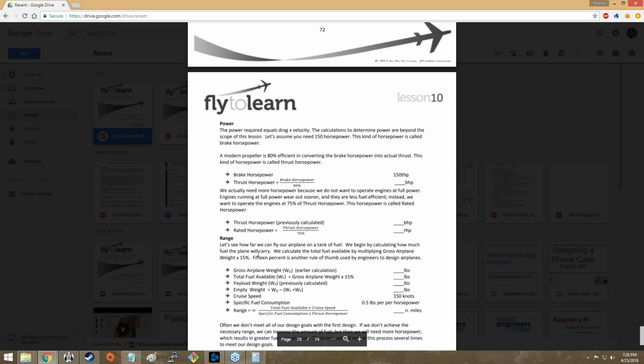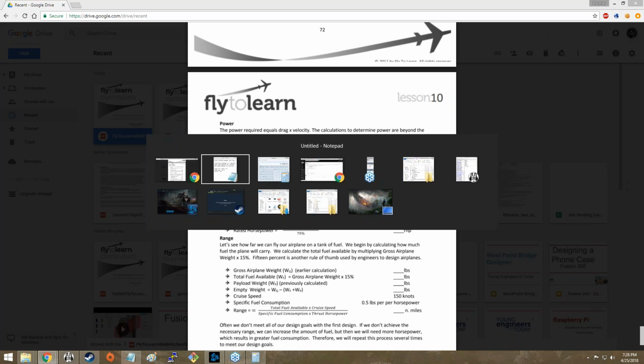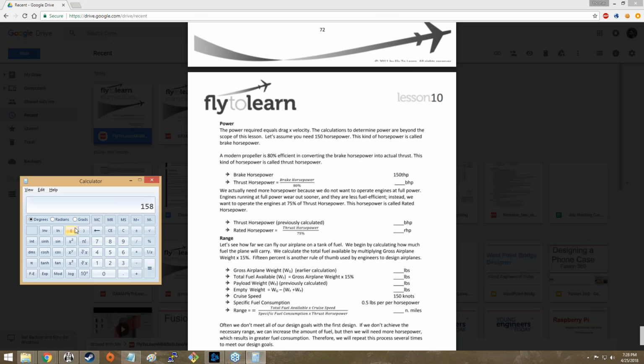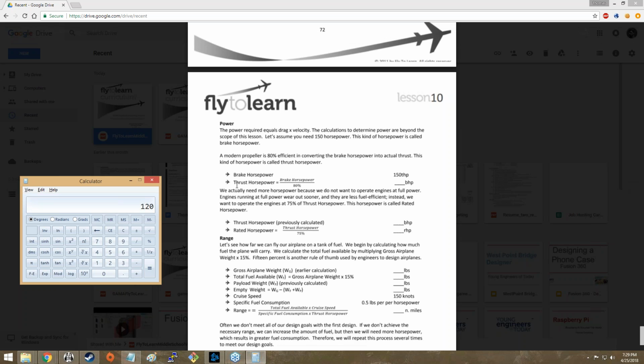So a modern propeller is 80% efficient in converting the brake horsepower into actual thrust. This kind of horsepower is called thrust horsepower. So, okay, the thing that we just talked about. So if we assume that we have 150 brake horsepower necessary in order to make the plane fly, if we multiply that times 0.8, that gives us 80% of 150, which is our thrust horsepower.